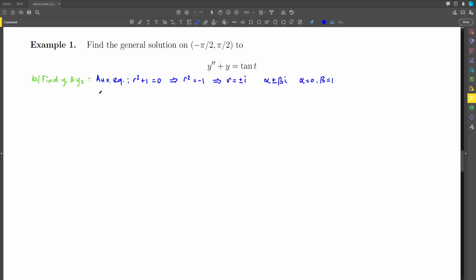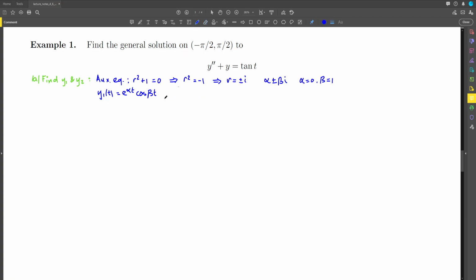So our general solutions look as follows. y1 of t equals e to the power alpha t cosine beta t, plus e to the power alpha t times sine of beta t, or sorry, y1 is just, I was going to write down the general solution, but I still want to break this down into just y1 and y2.